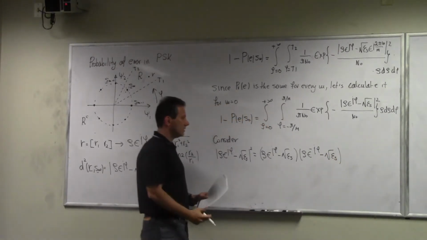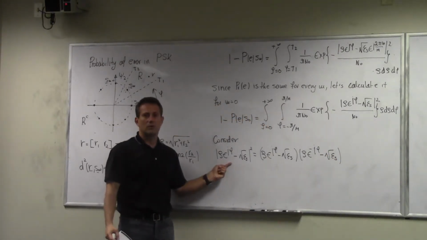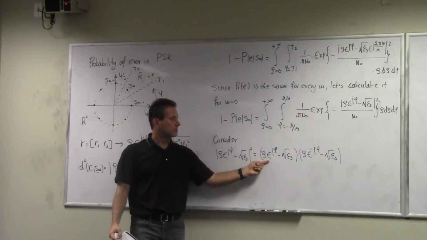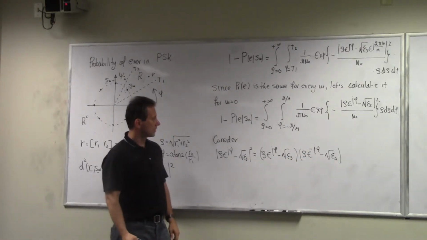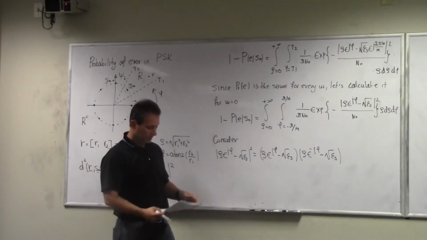Why is it that I can write this? Because the magnitude squared of a complex number is the complex number times its complex conjugate, right? That's how I can simplify this.